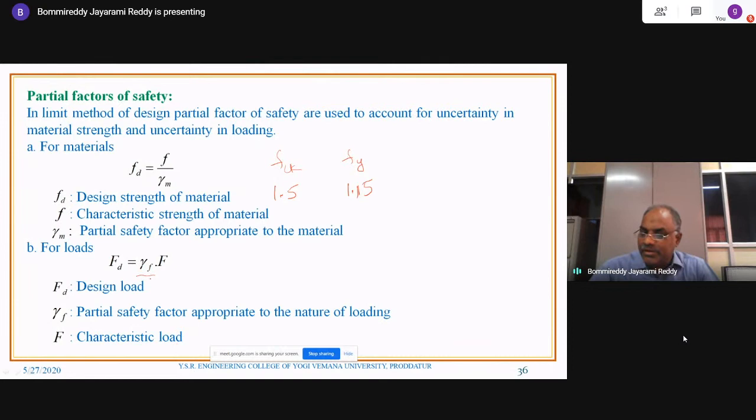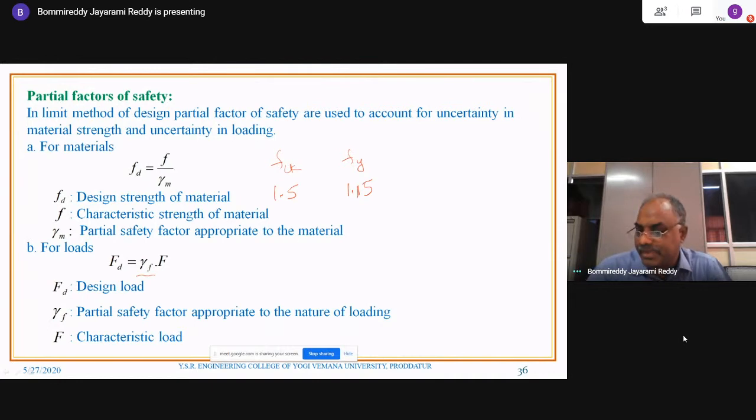And here the gamma F value, in general we can consider to be 1.5, but for different types of loads and different types of limit states, the values are different. So remember, to provide safety for the materials, the characteristic strength of material is reduced by imposing the factor of safety.